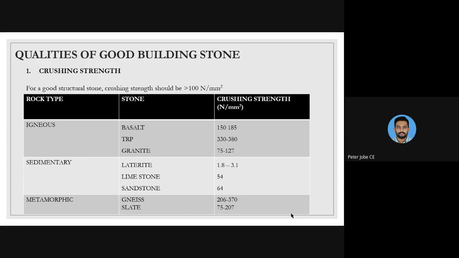But if a general question is asked, like what are the qualities of good building stones, then you just have to write down the minimum strength required. That's the value, 100 Newton per meter square.